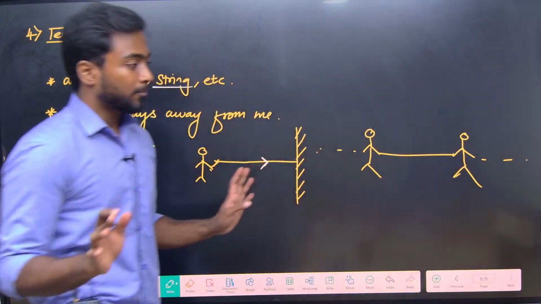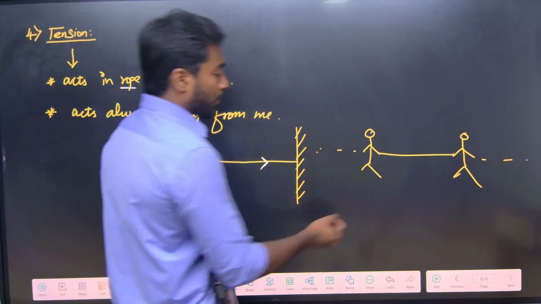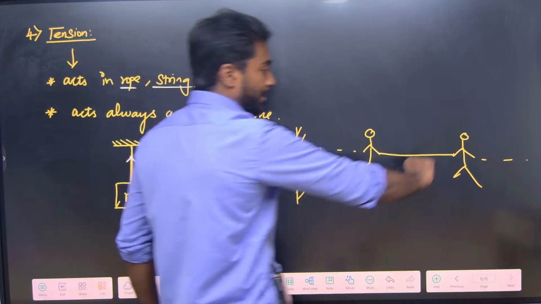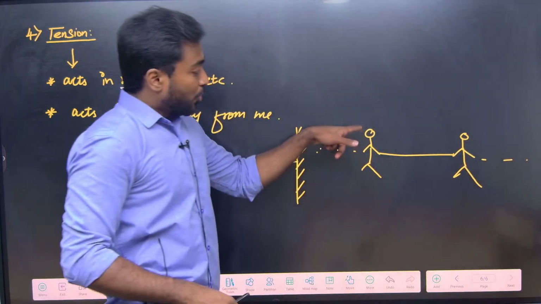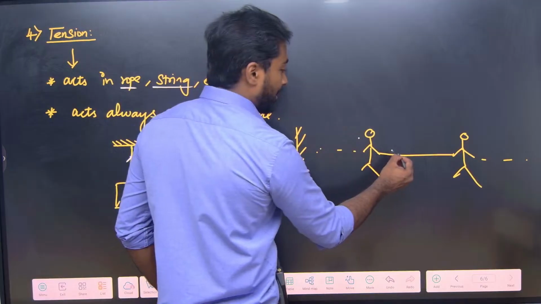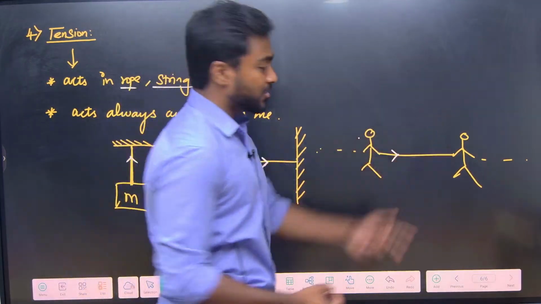So some people are there. I have drawn the first person. He is trying to pull towards him. So for the first person, tension will be in this direction. For the second person, tension will be in this direction.